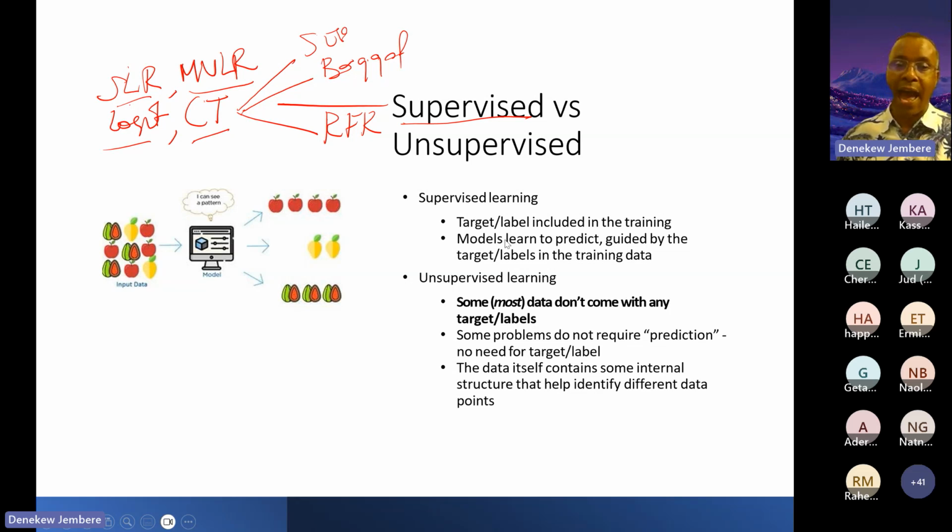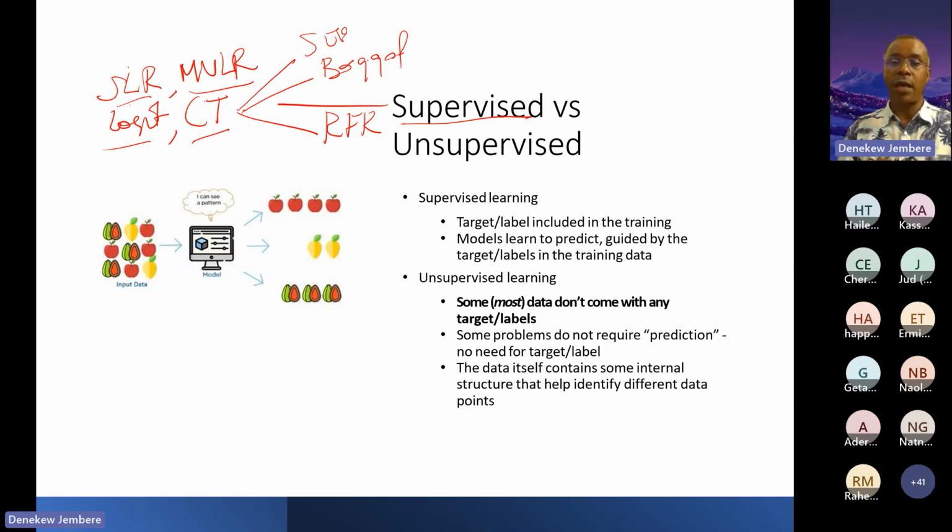Because all of them have a target or label included in the training data, and the models learn to predict, guided by the target or the labels in the training data. The supervision is because the value that the model is to predict is already associated with the data. The model will be learning from the data itself to predict what value it is expected to predict.